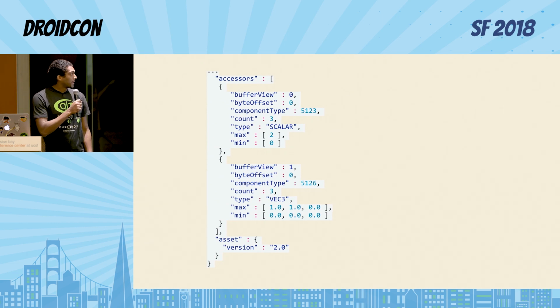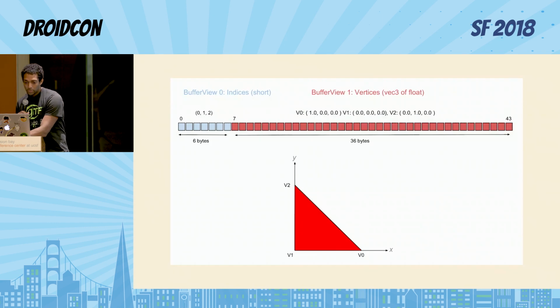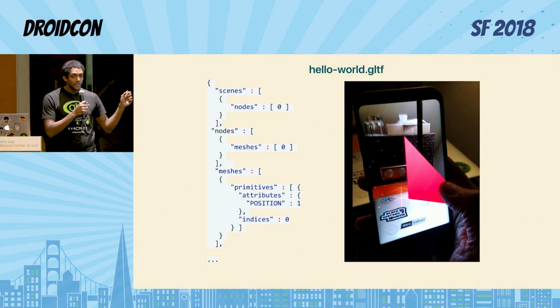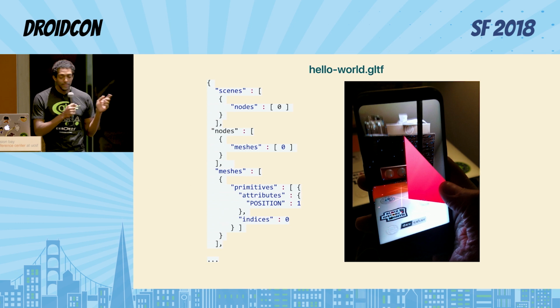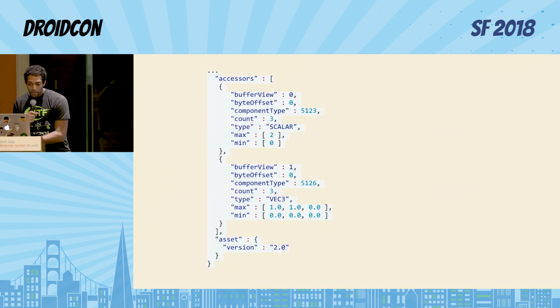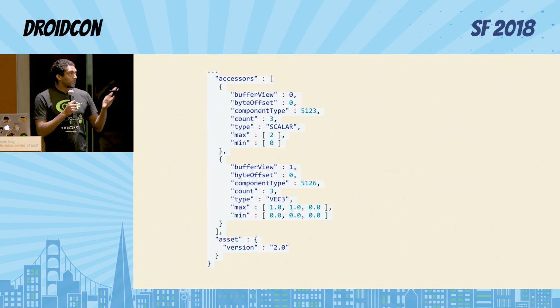So the accessor is the thing that's hooked up back here. So remember I said the position value 1, that's referring to accessor 1. And then where it says indices, that's referring to the index data that we can find in accessor 0. So that refers here, and it just gives another reference to the buffer view that we just saw. And it's going to give you information about the component type.